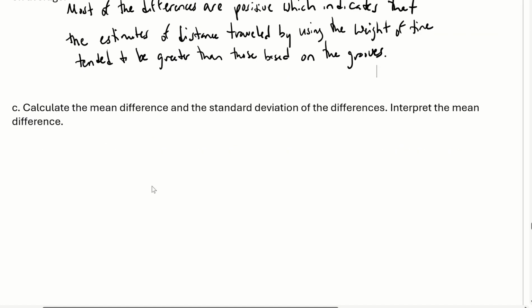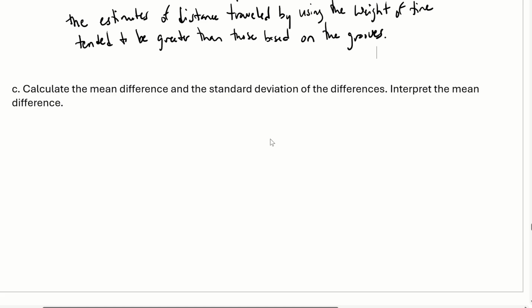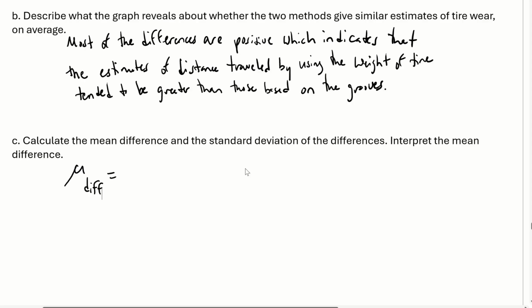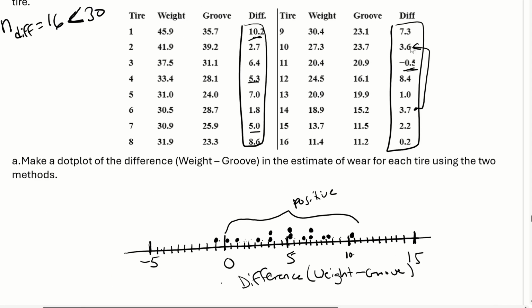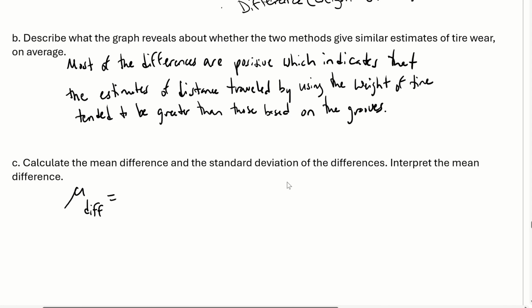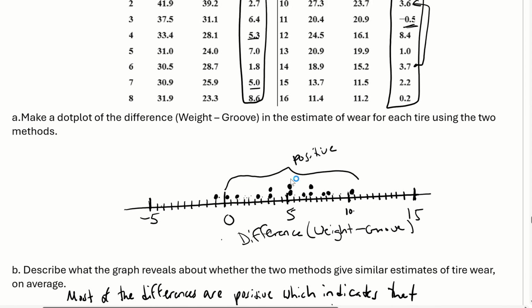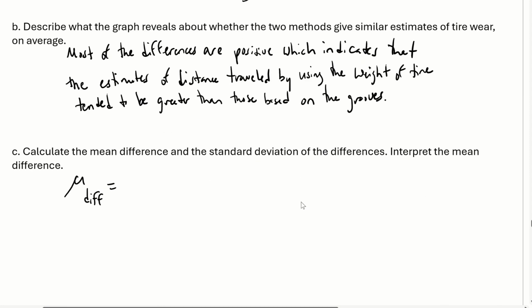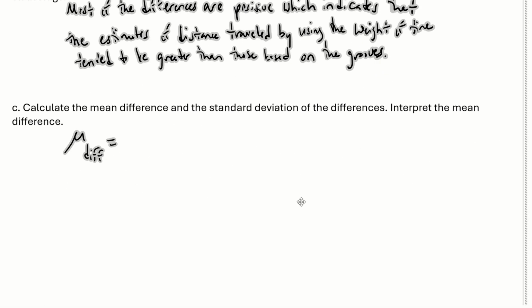Part C: calculate the mean difference and the standard deviation of the difference, and then interpret the mean difference. Let's go ahead and do that. For the mean difference, we simply add these numbers up and divide by the number of data points. How many were there? 16 tires, sorry.